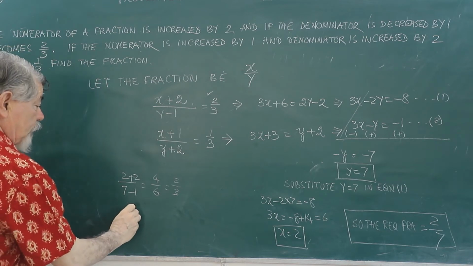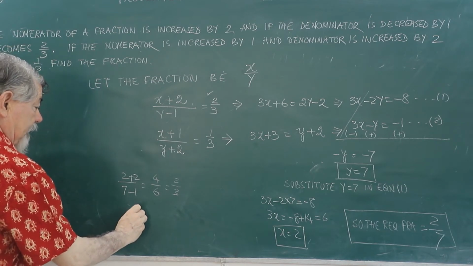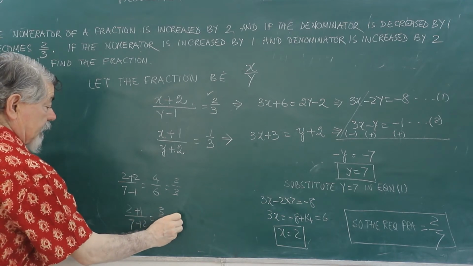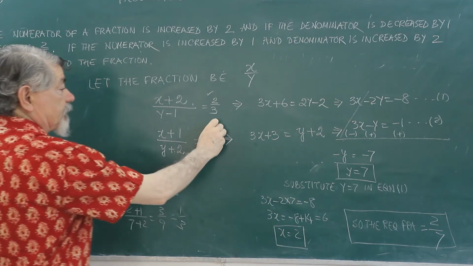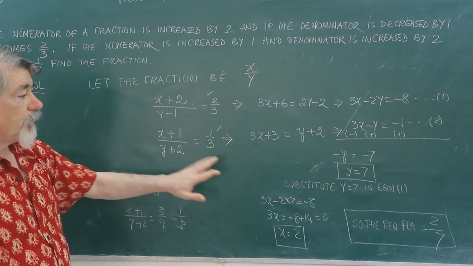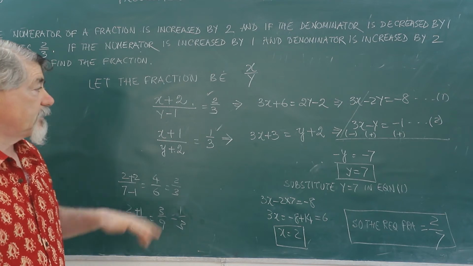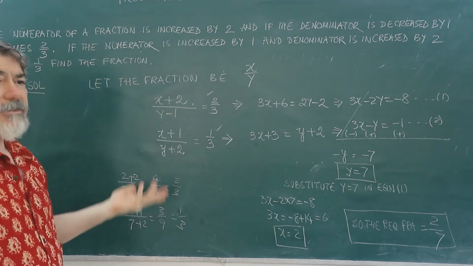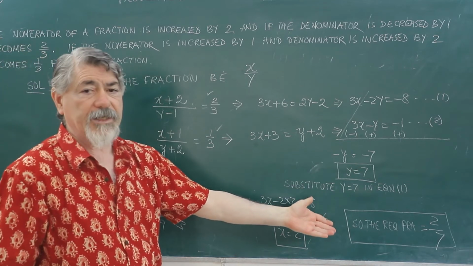If 1 is added to the numerator and 2 is added to the denominator, it will become 3 upon 9, that is 1 upon 3, which is the second condition. So in both the ways I saw this fraction is satisfying the condition given in the question, hence your answer is absolutely right.